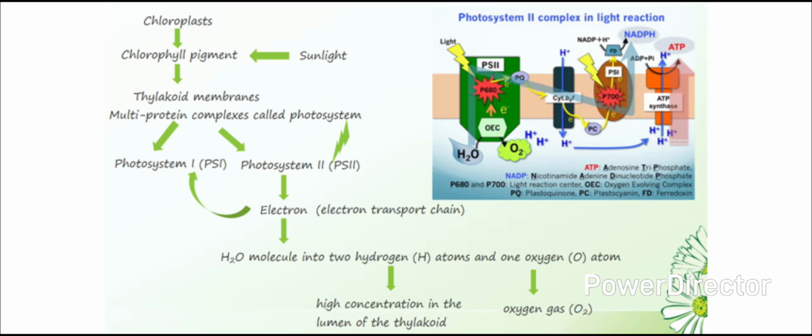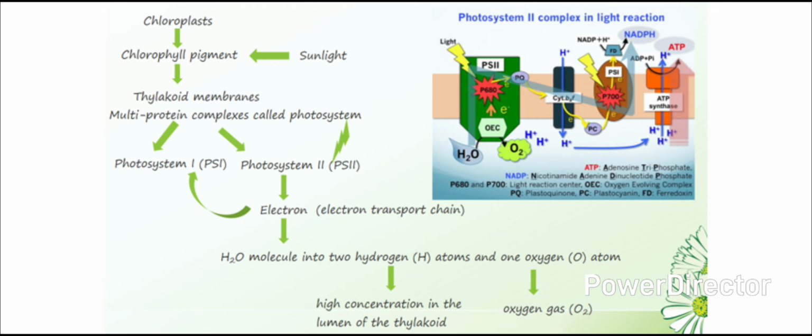Coming to photosystems. Within the chloroplast, chlorophyll is the pigment that absorbs sunlight. It is stored in the thylakoid membrane in a multi-protein complex called photosystem. Two types of photosystems are embedded in the thylakoid membrane, that is photosystem 1 and photosystem 2.